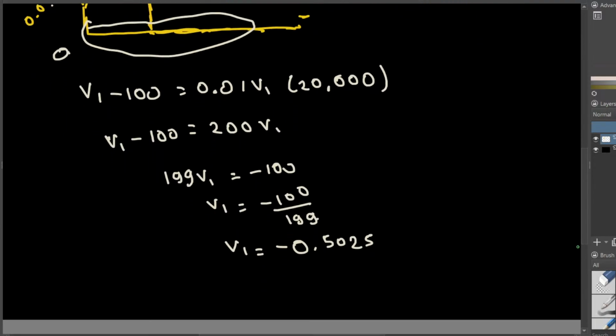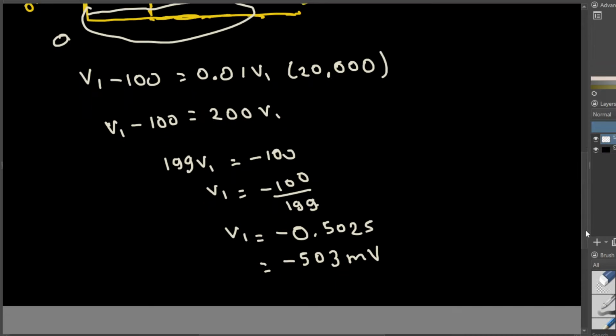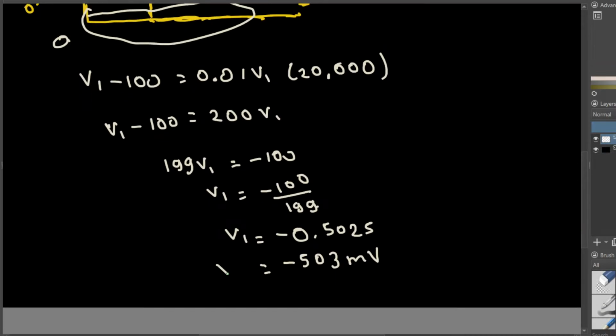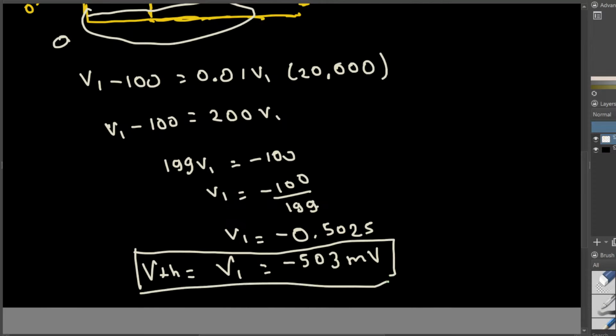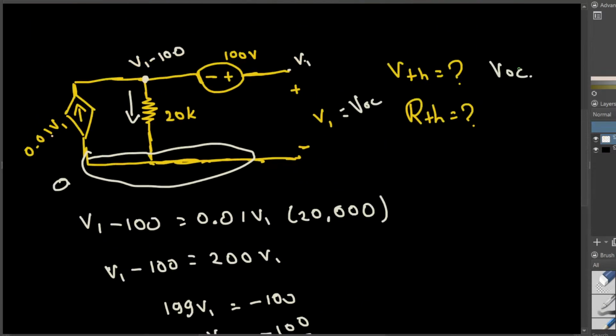You can also express this as approximately negative 503 millivolts. Okay, so this is our V1, and this is the VThevenin. We found the VThevenin.